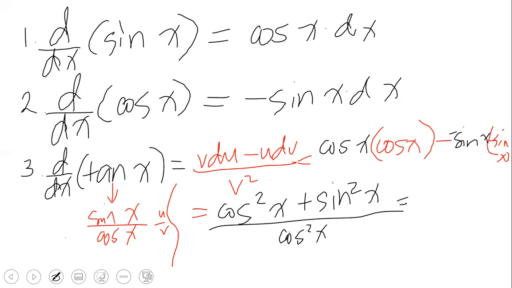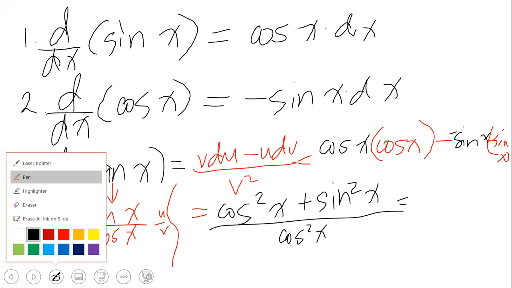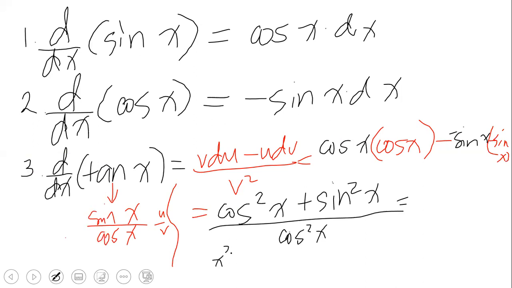So simplify natin. Remember, di ba yung cosine squared x plus sine squared x, it is also similar with the unit circle na property, which is x squared plus y squared. Remember, ang cosine is represented by x squared and sine squared is being represented by y squared. So equal to the unit circle equal to 1 or r, di ba?